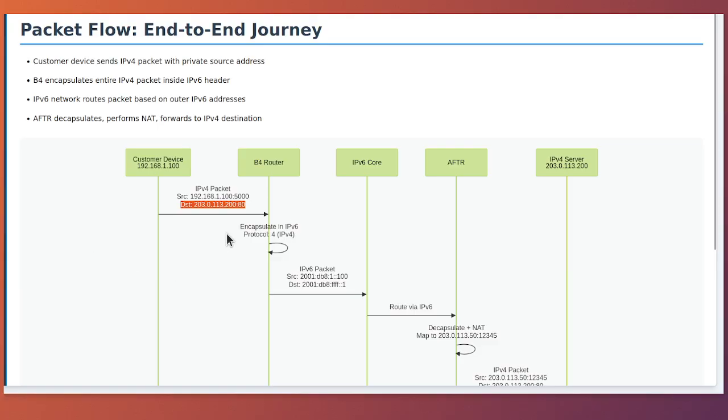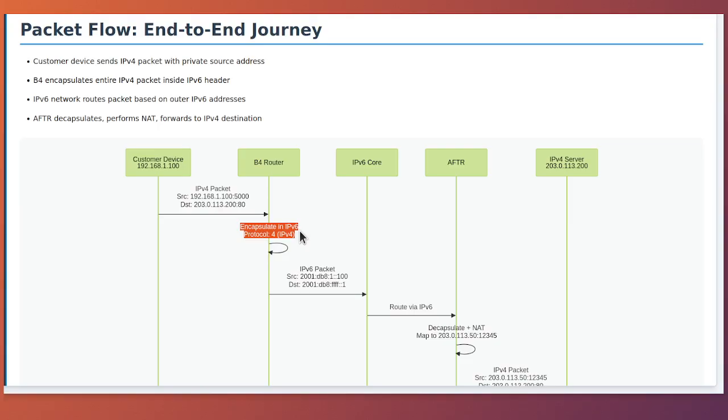This IPv4 packet reaches the B4 element, which could be the customer's home router. The B4 examines the packet and recognizes that it's destined for the Internet, not for another device on the local network. The B4 then performs IPv4 in IPv6 encapsulation. It constructs a new IPv6 packet where the payload is the entire original IPv4 packet.